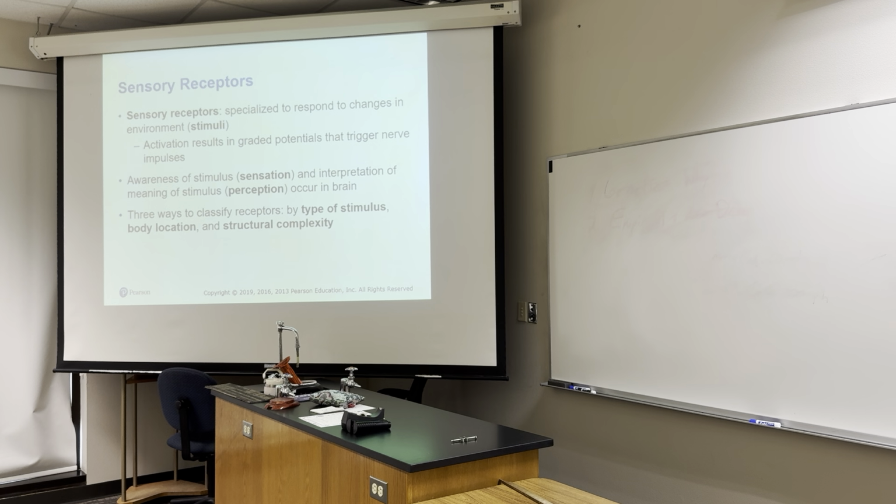For vision, you have the retina, which is your receptor, and you have hair cells in your ear for your hearing receptor. So if you do not have the receptor for sensing something, you would probably not be able to sense it.